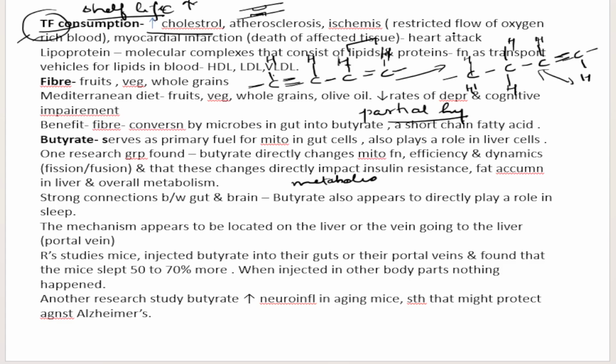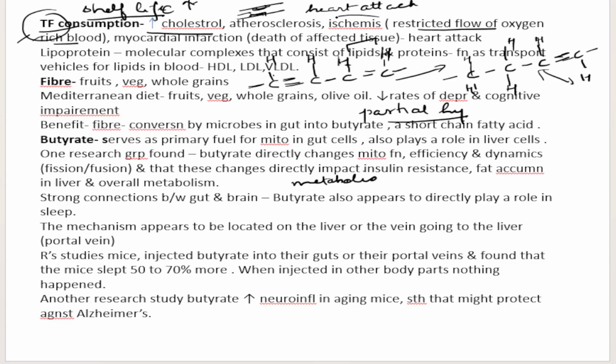It restricts the blood flow. It restricts the flow of oxygen-rich blood, because the arteries are carrying oxygen-rich blood, and when fat is depositing, it will restrict that flow. So it may restrict the blood reaching the heart, and this may lead to death of the affected tissue, and it may lead to heart attack.